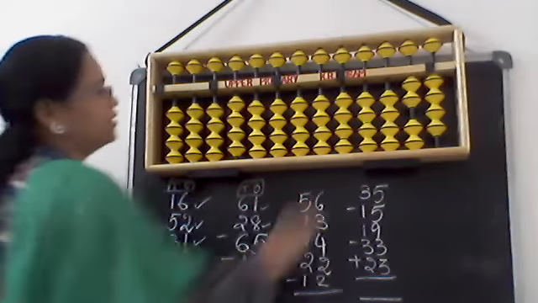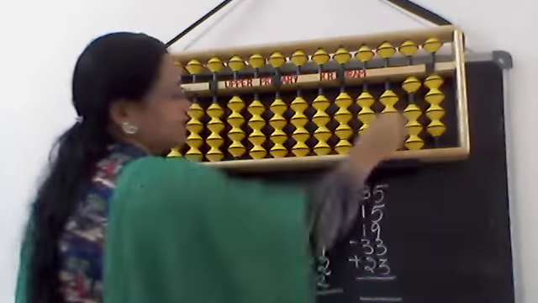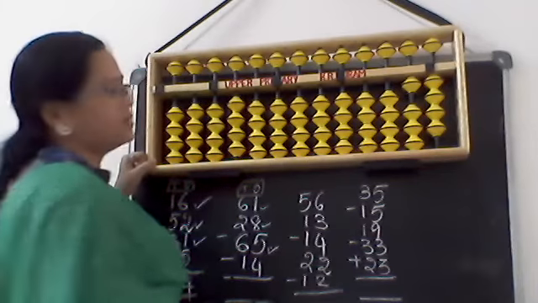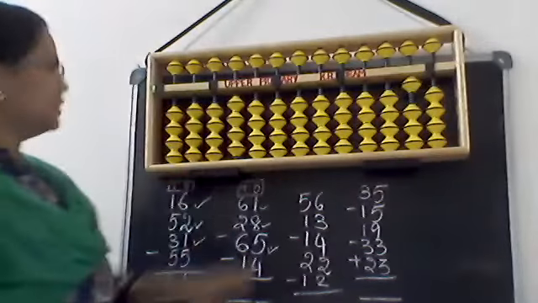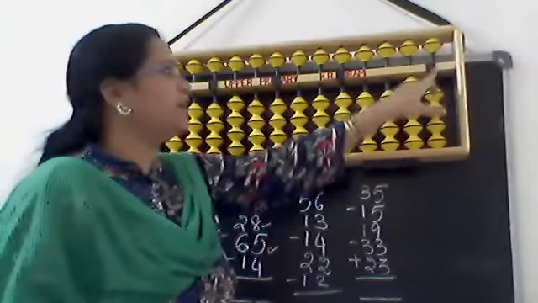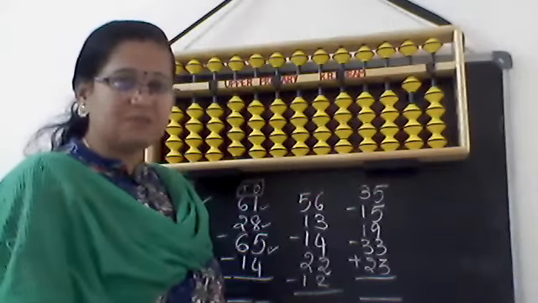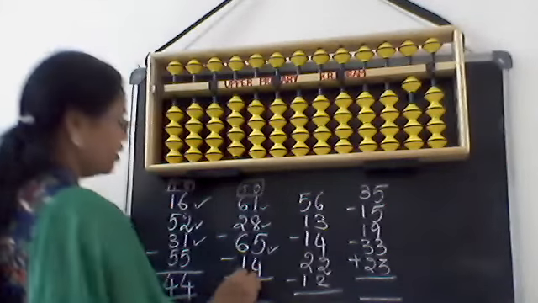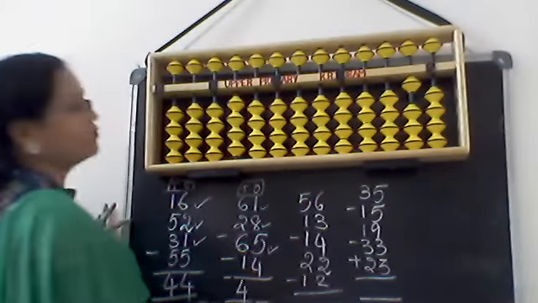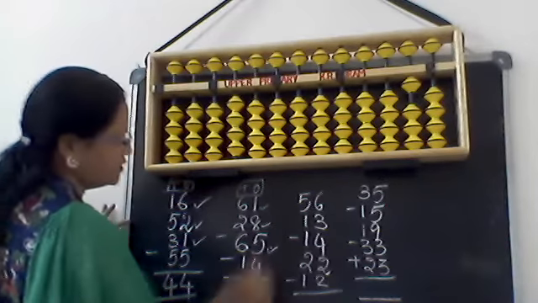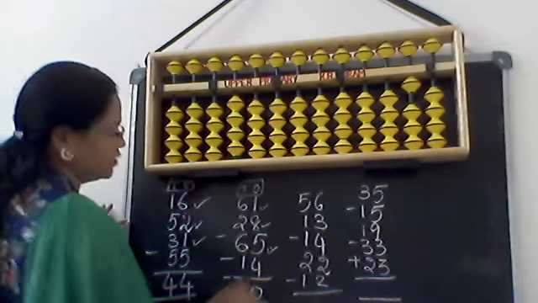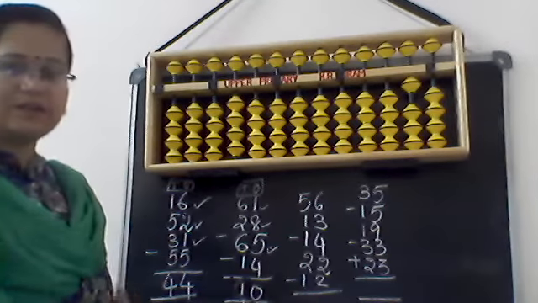How do I do that? Tens, take it away from the answer bar, and 4 away from the answer bar. So what are we left with as the answer? Here I have 10 and here I don't have anything. That means it is 0. So in the tens digit I have 1 and in the ones digit I am left with nothing. So it is 10. Is it clear, children?